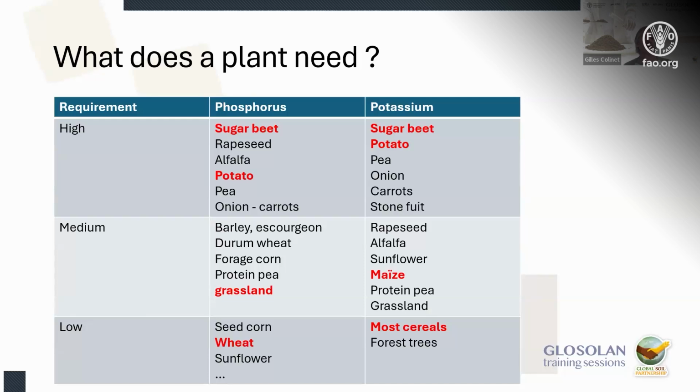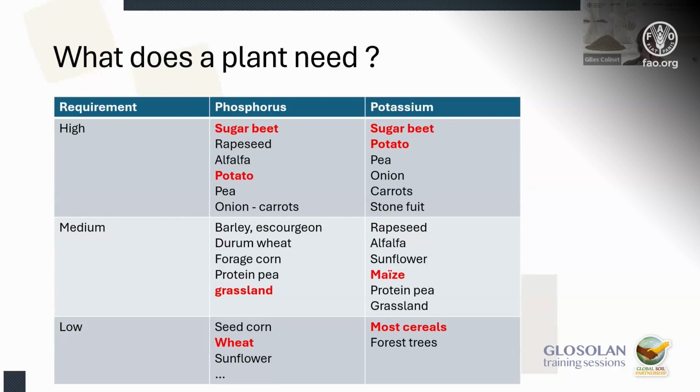Then you know that plants can have needs, but we also define plants according to their requirements. They all need phosphorus, for example, but some crops need more than others. And so we define requirements for the plants. Usually, you will find tables with phosphorus and potassium, because those are the major nutrients along with nitrogen. But you can also find tables of requirements for micronutrients.